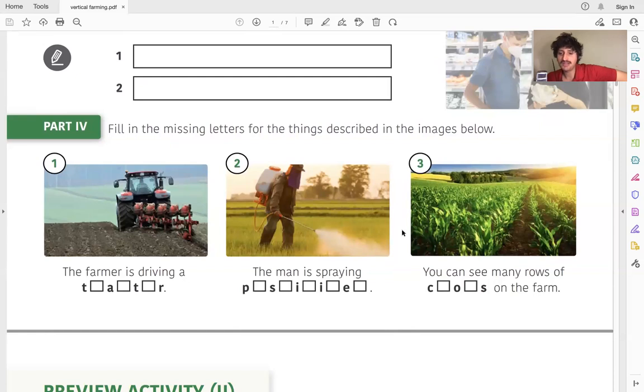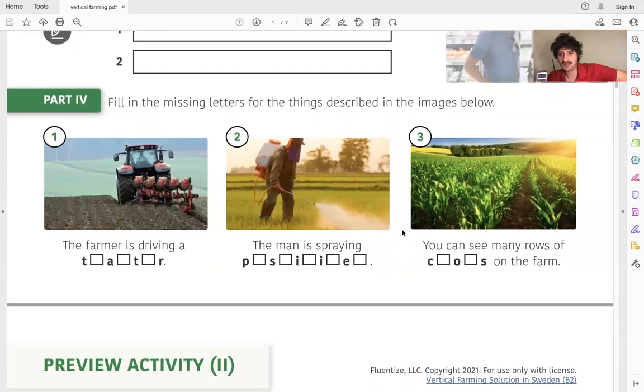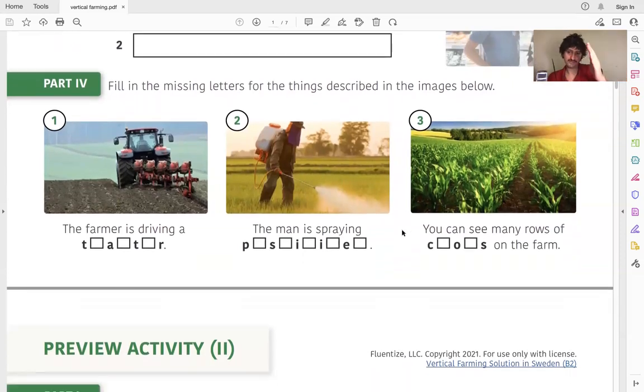A lot of rows of plants, a lot of plants here. These rows are very nice, and that's how they plant in rows. They don't just throw seeds wherever. You need to organize them so you have one straight line of plants.